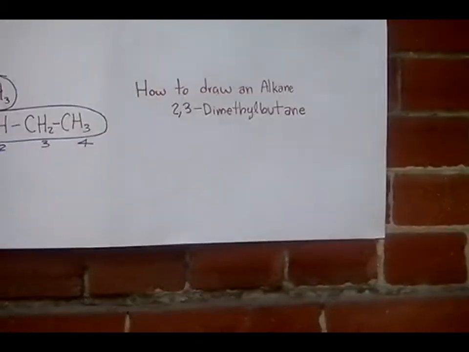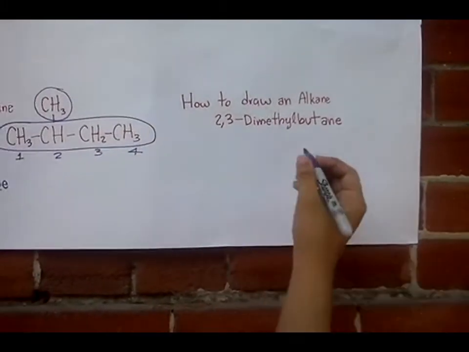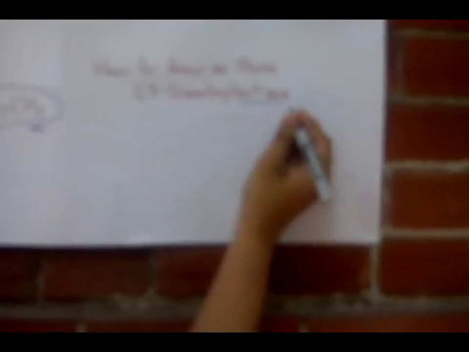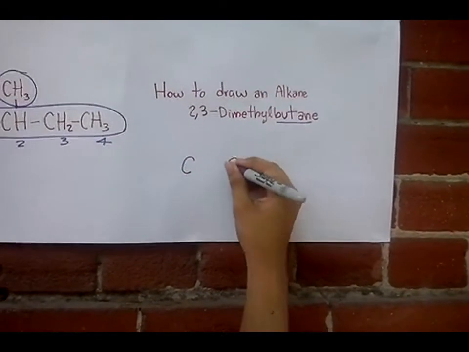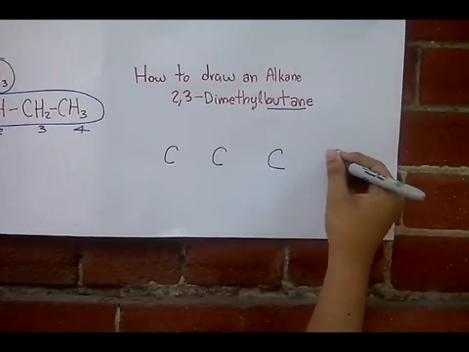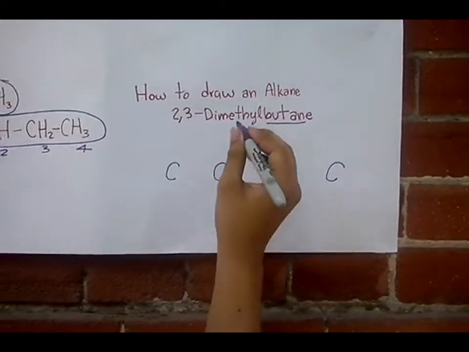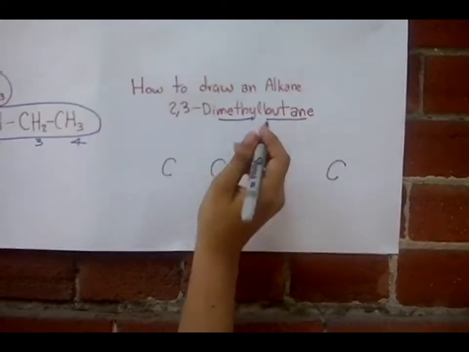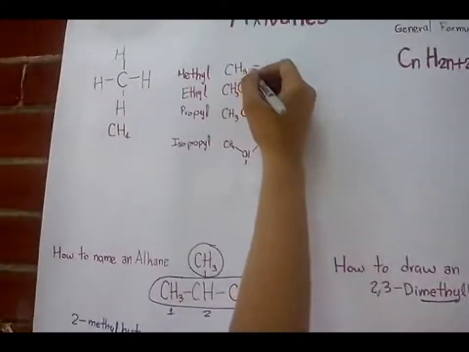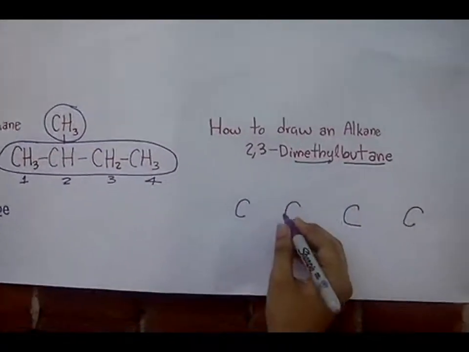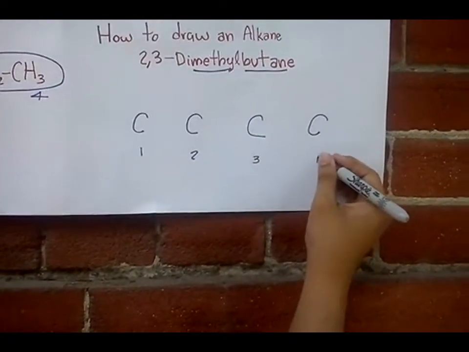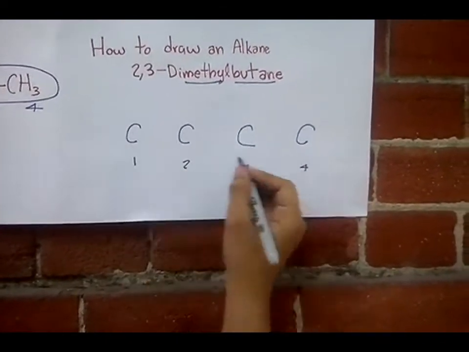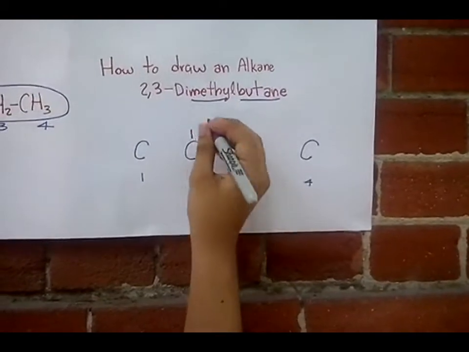Now, we're going to see how to draw an alkane. First, we identify how many carbons we have. In this case, 4. And we have a methyl group, which is this one, and we have them in places 2 and 3. This is our parent chain, and we are going to add them.